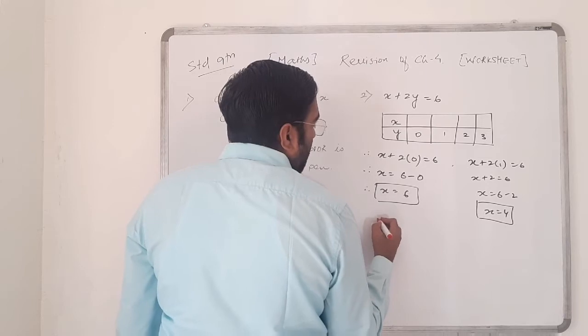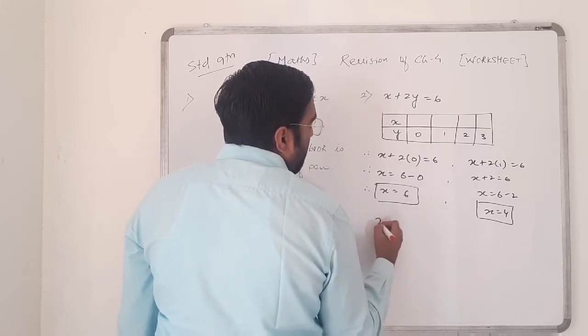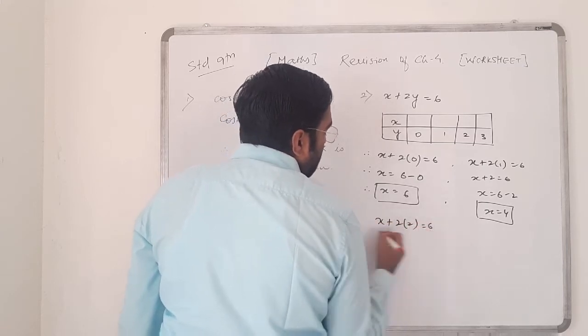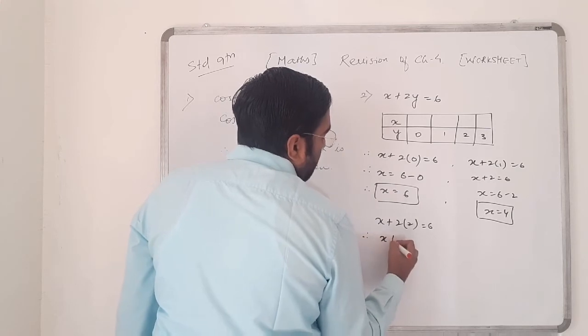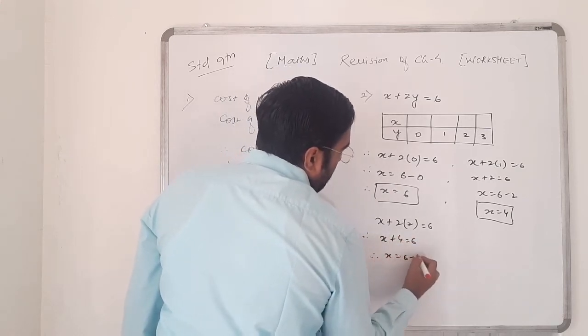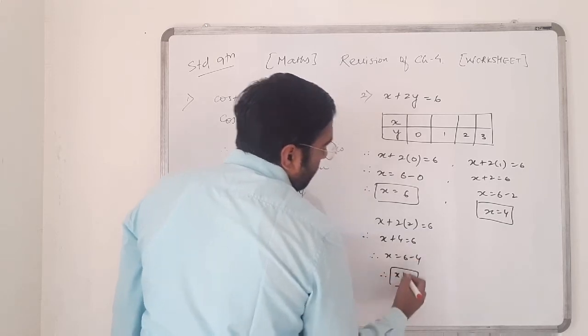And here x plus 2 into 2 equal to 6, so x plus 4 equal to 6, so x equal to 6 minus 4, so x equal to 2.